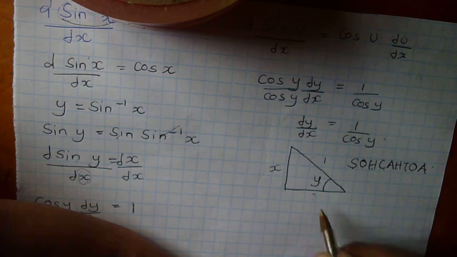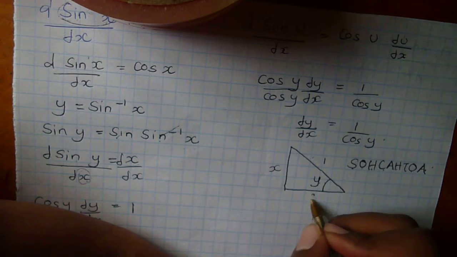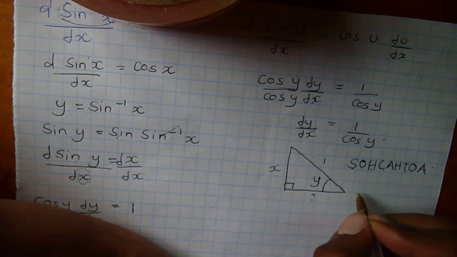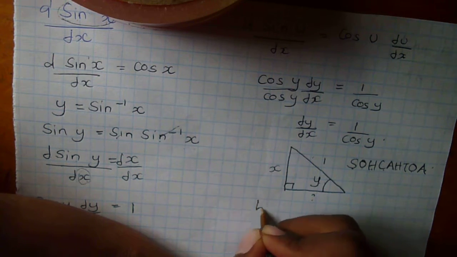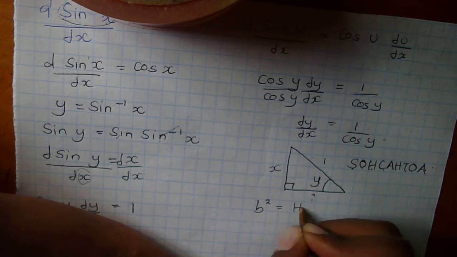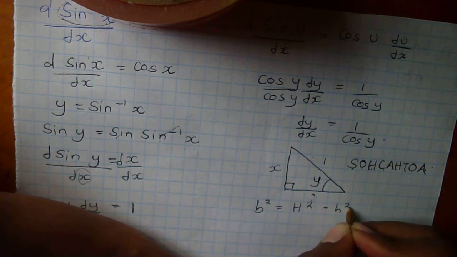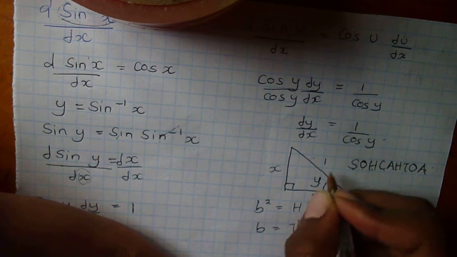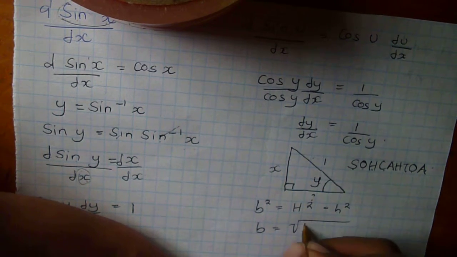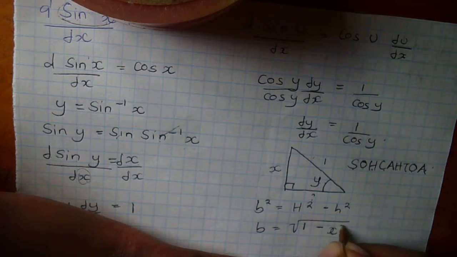So we are looking for this last part, and we can use Pythagoras theorem since it's a right angle triangle. You know from Pythagoras theorem that base squared is equal to hypotenuse squared minus height squared. So base itself will be the square root of 1 squared, which is 1, minus x squared.